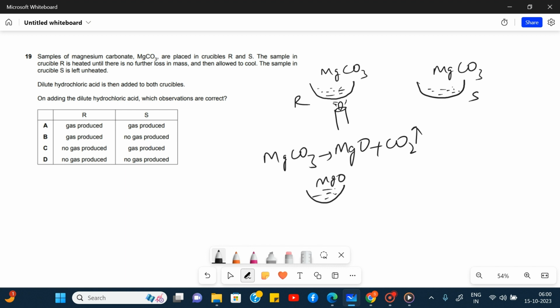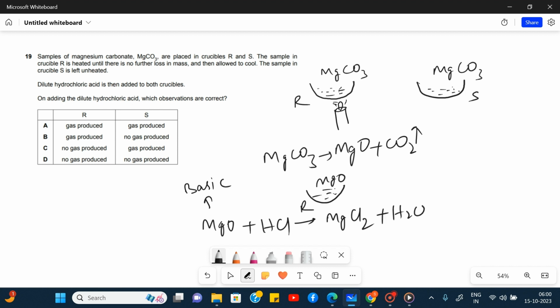Now the next part is you are adding dilute hydrochloric acid in both the crucibles. If I add hydrochloric acid in R, MgO will react with HCl. MgO is a metal oxide and we know that metal oxides are basic in nature, so it is an acid-base reaction and you will get magnesium chloride, which is a salt, plus water.